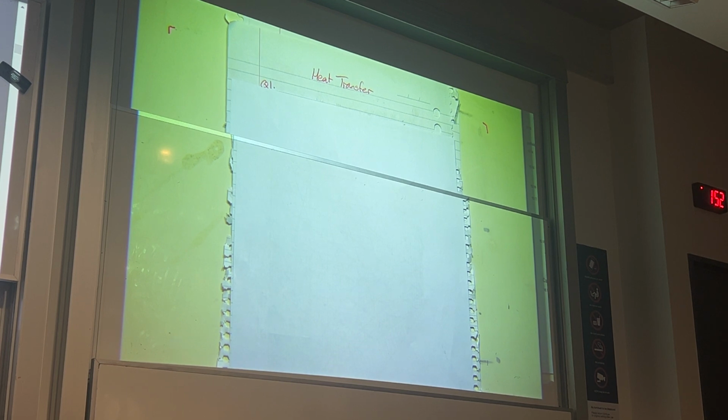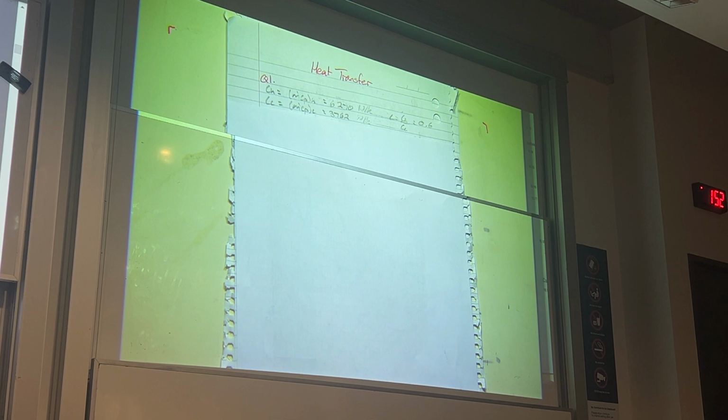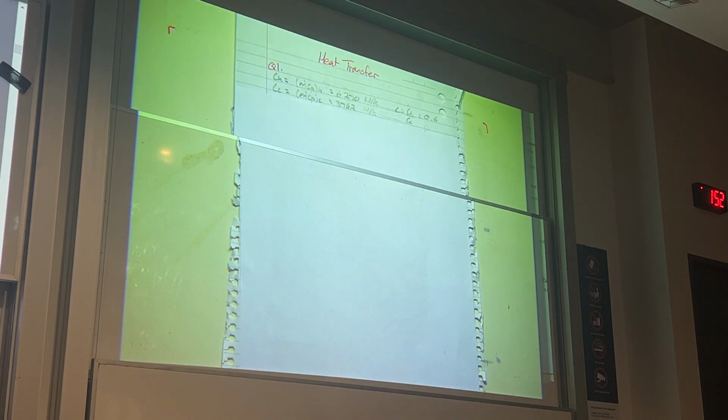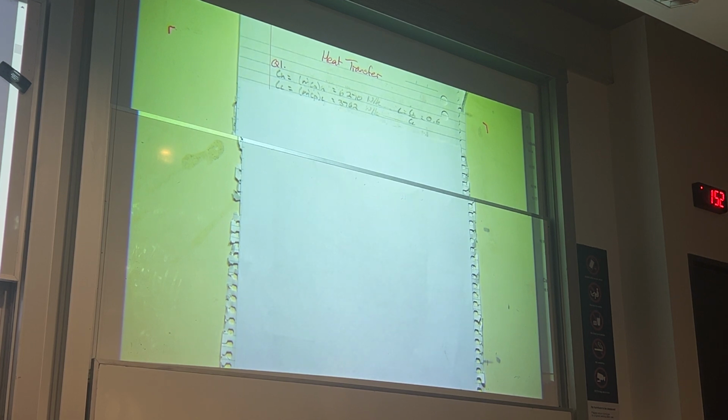In this case, we're looking for effectiveness, and are we going to have a change in effectiveness? And if we do, what is the change in effectiveness? The first thing we want to do is get the heat capacity rates for our hot and cold streams, and then the ratio.